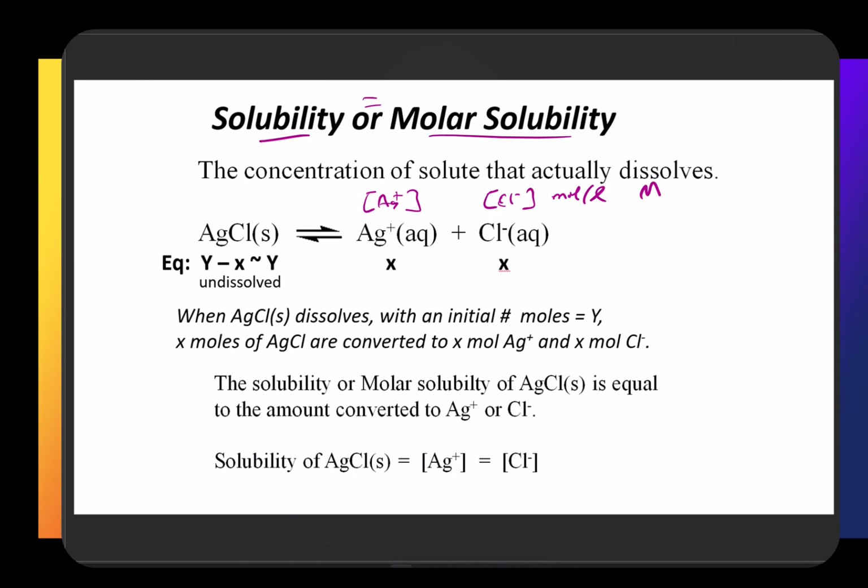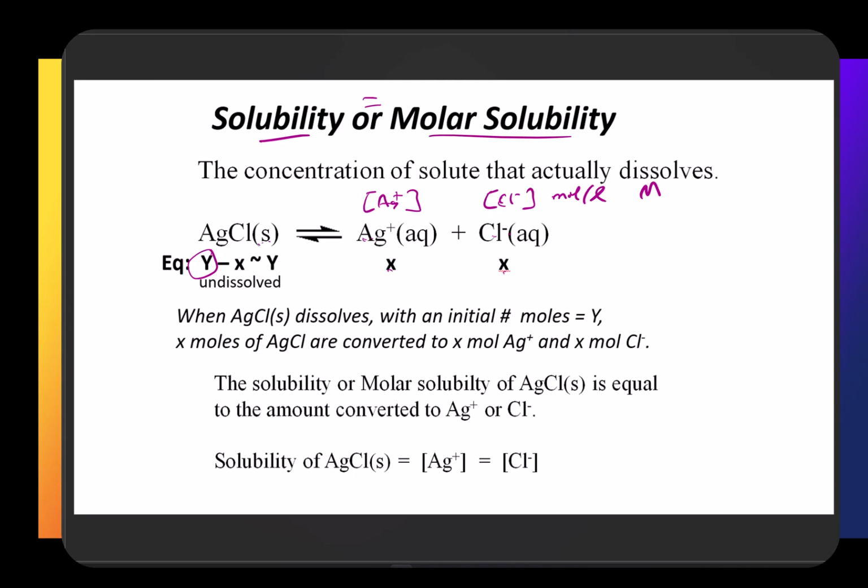If, for example, the amount of silver chloride, we could say it could be in moles or in moles per liter, is Y. When some of it dissolves, we'll call that amount that dissolves X. We're going to get X moles per liter or X moles of silver and the same amount for chloride because they're produced in the same stoichiometric ratios, 1:1 here.